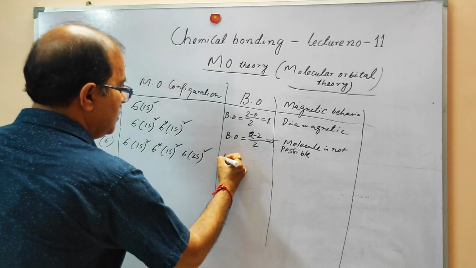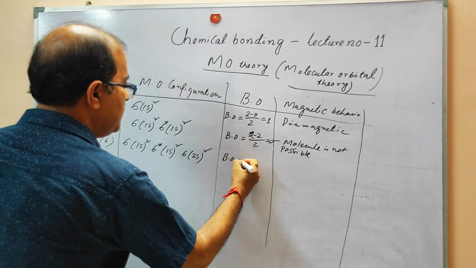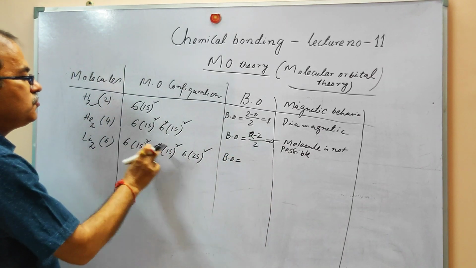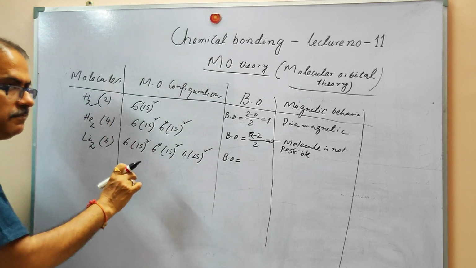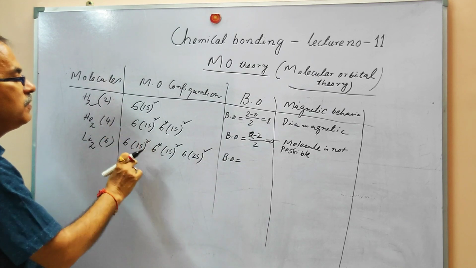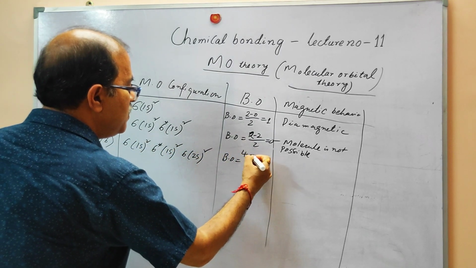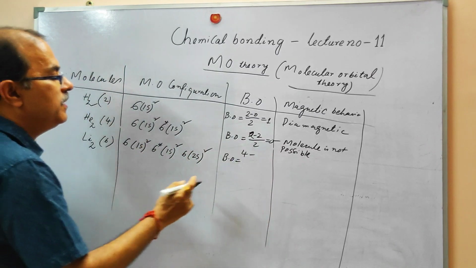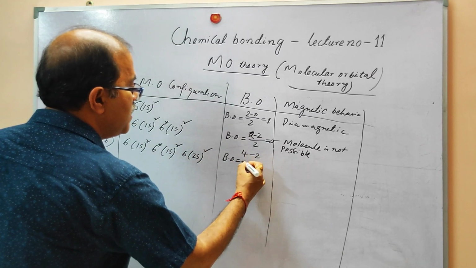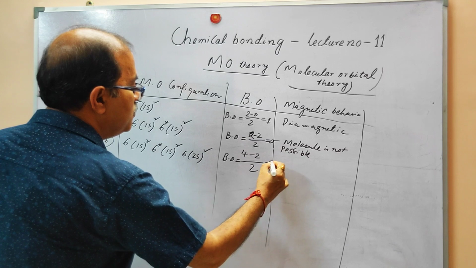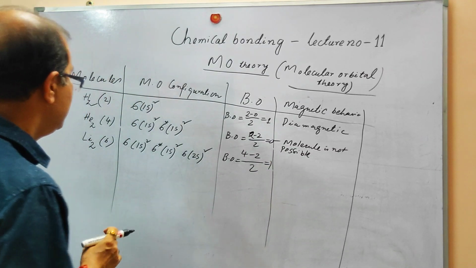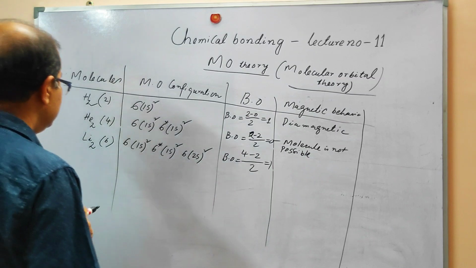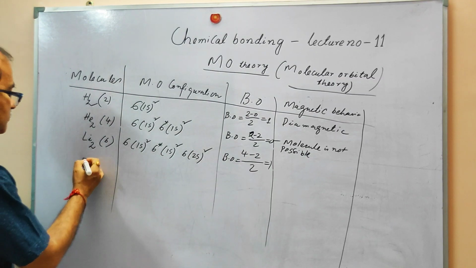The bond order: 4 electrons in the bonding molecular orbitals and 2 electrons in the anti-bonding molecular orbital, so (4 minus 2) by 2, and the bond order is 1, and this molecule is possible. In the vapor phase we observe the presence of this molecule.